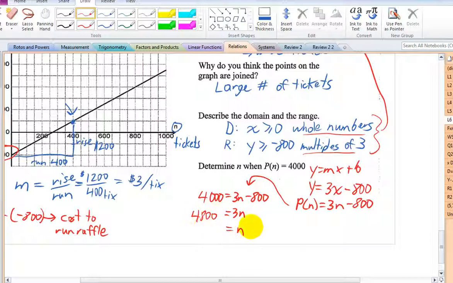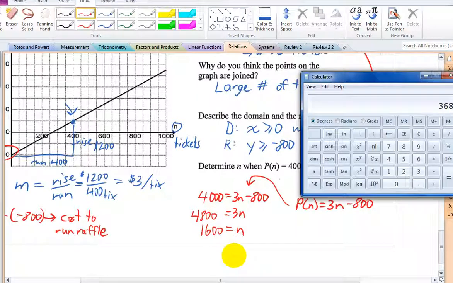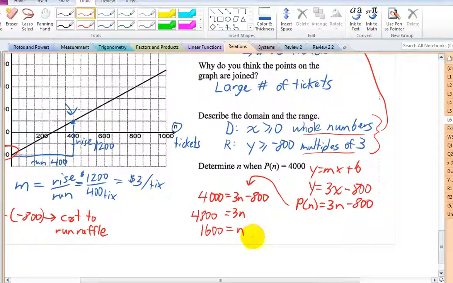What does n equal? 1,600? Yeah. So you must sell 1,600 tickets. Any questions?